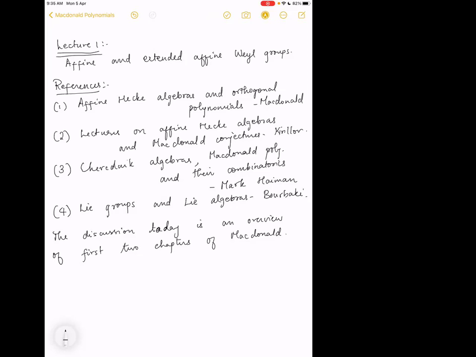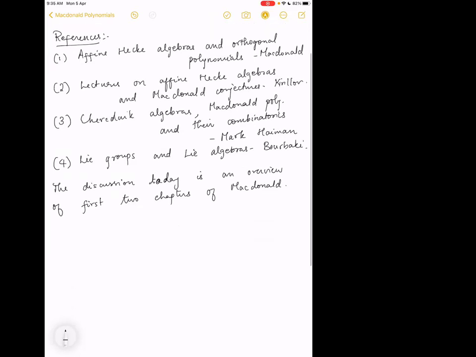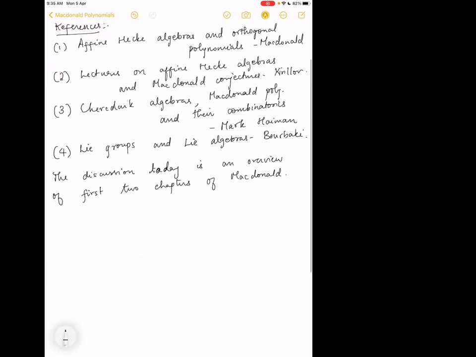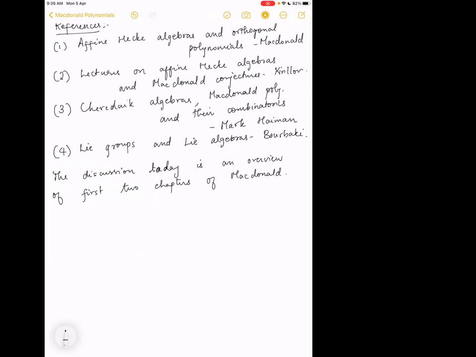Towards the end I'll list what each of these objects that we introduced today looks like for type A. I think type A will be the focus in the lectures to come. So I'll explain what they look like for type A.